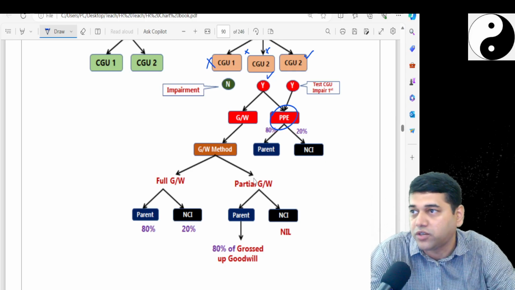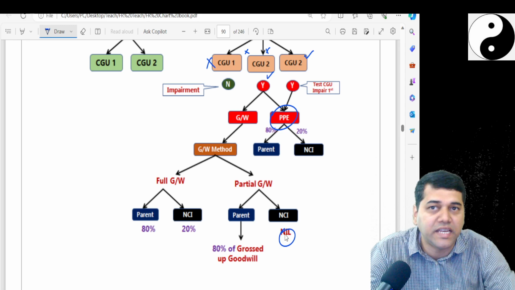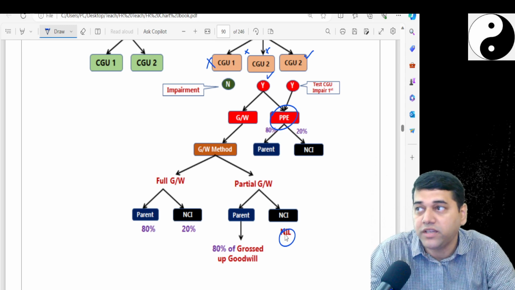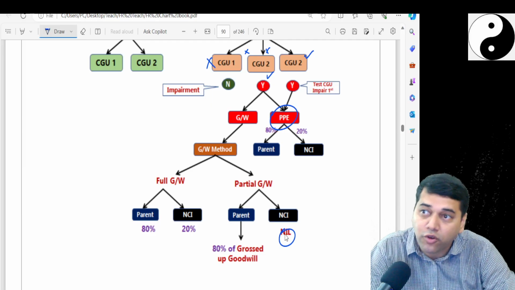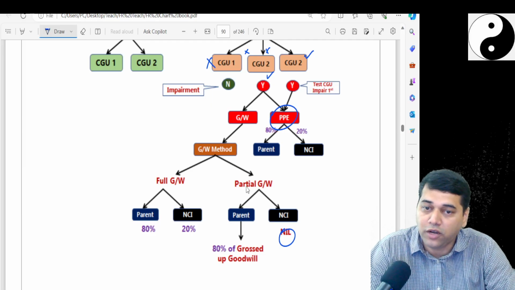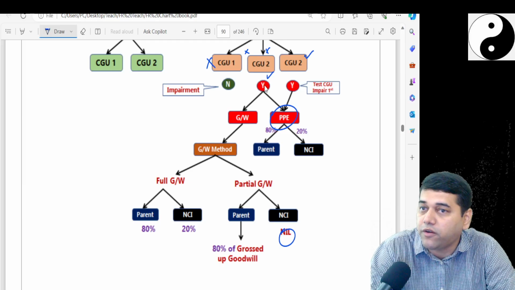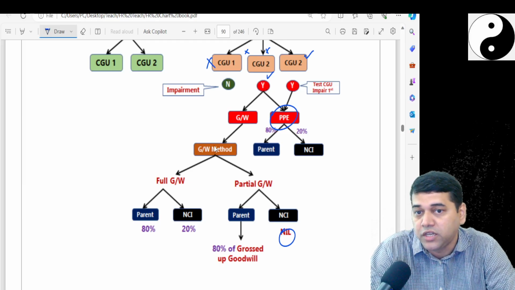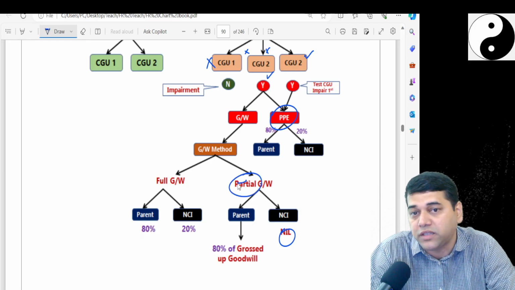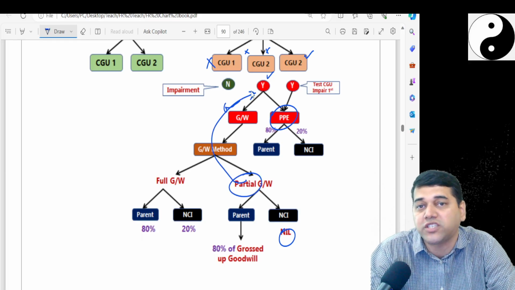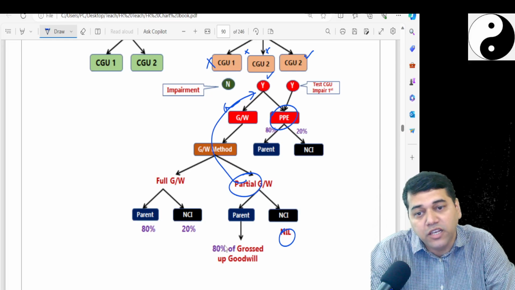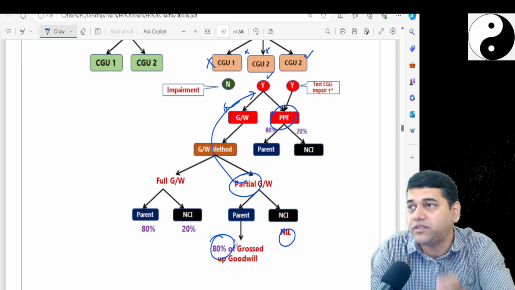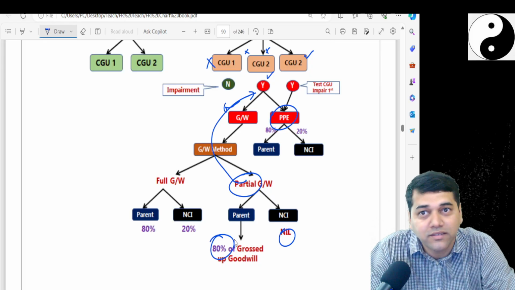How can you distribute now? So NCI will not get anything, but the parent has to gross it up. So when you allocated this goodwill for testing for impairment, if it was the partial goodwill method, what you would have allocated was a grossed up goodwill, and then finally you take 80% or whichever percent is your share of goodwill. Perfect.